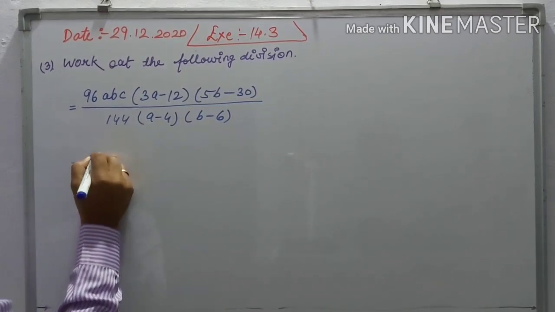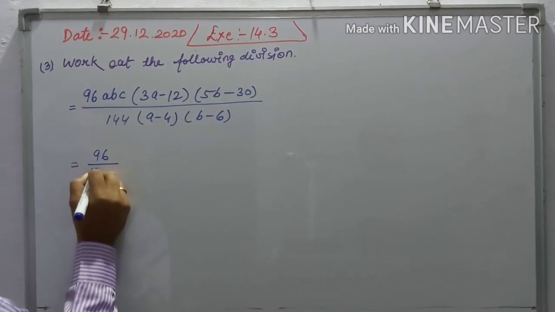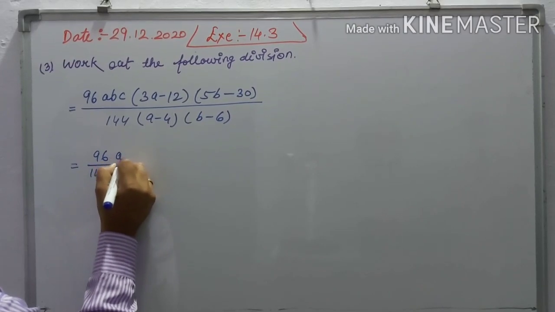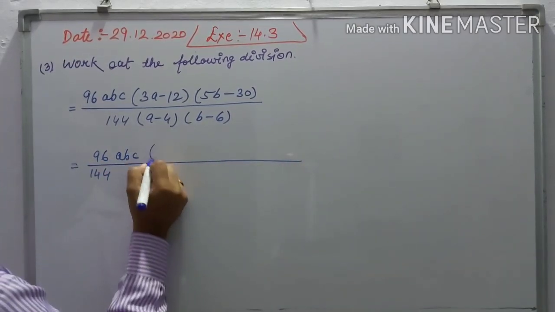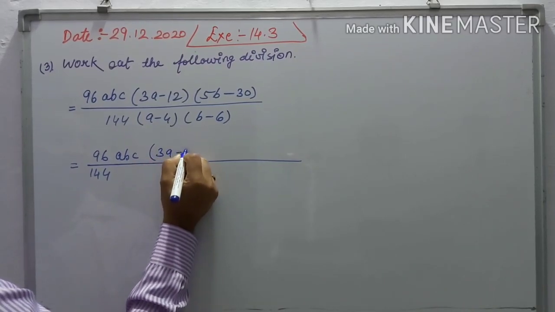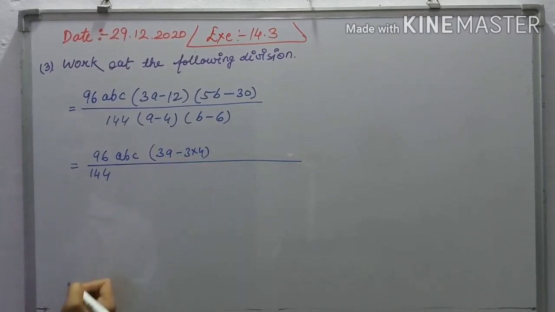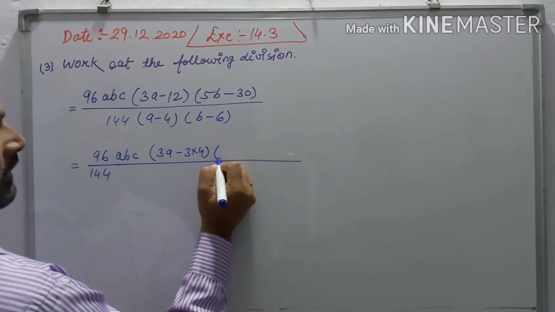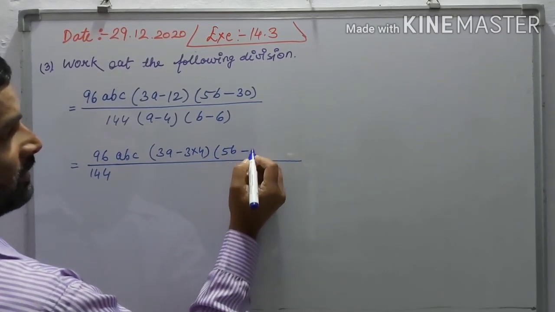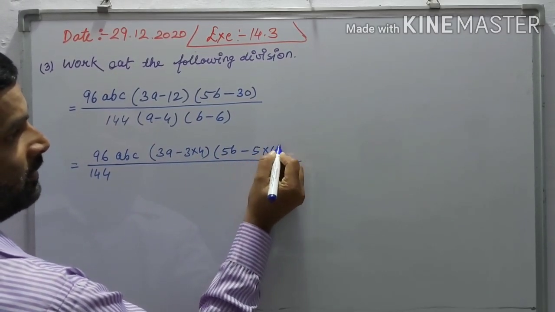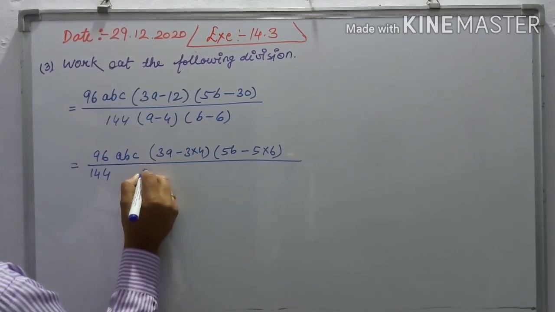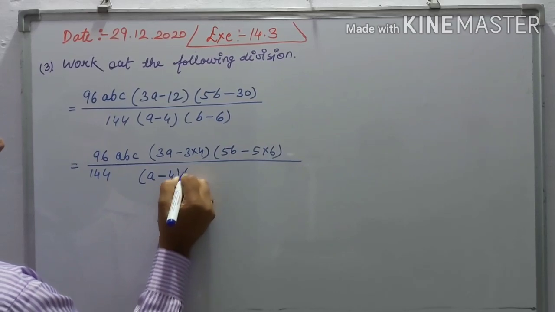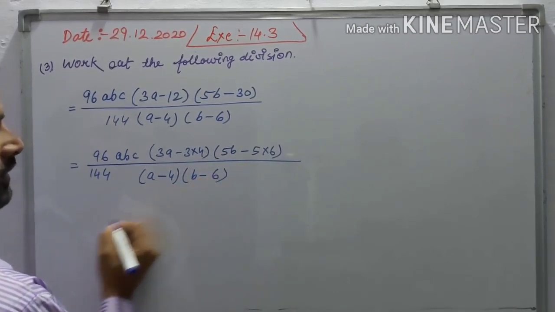Now 96 upon 144 into abc. Here it will be 3a minus 3 into 4, and here 5b minus 5 into 6, since 30 is 5 into 6 and 12 is 3 into 4, over a minus 4 and b minus 6.